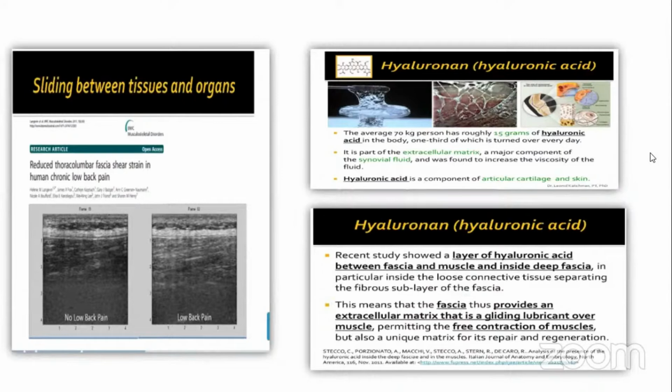So this means that fascia provides an extracellular matrix that is a lubricant for the muscles. So sliding between tissues and organs that we can see, like this, what is called sliding. So we can see in the picture with low back pain and without low back pain.